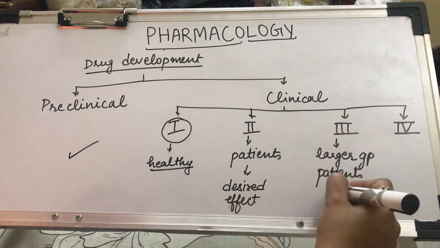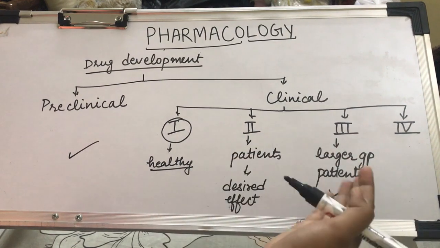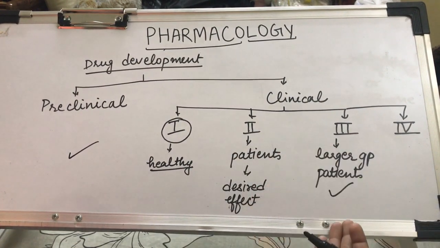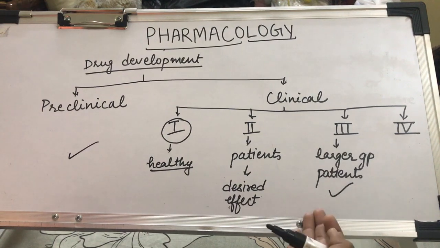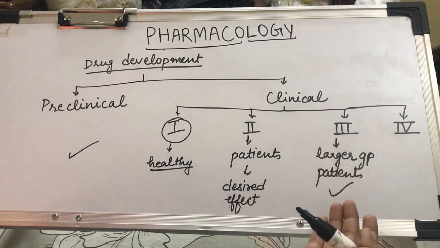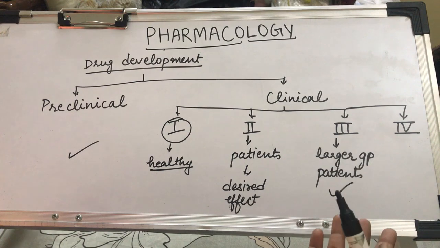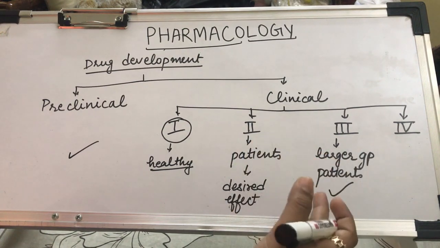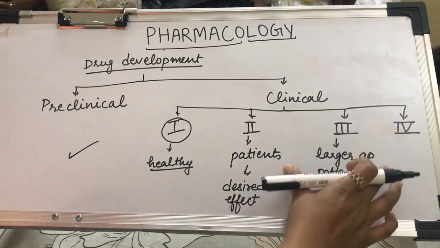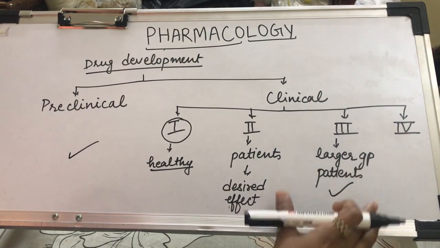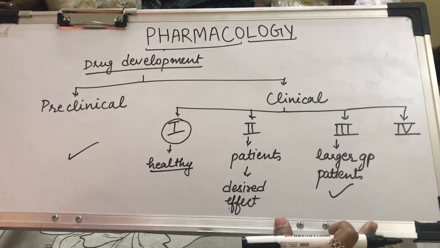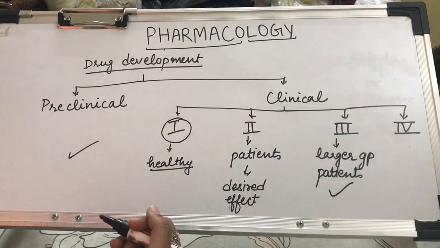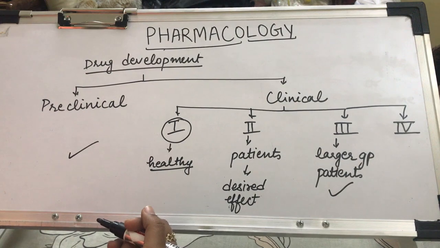And if it passes this phase also, then you apply for approval of a new drug to the FDA in the USA and the Health Protection Branch of Drugs in Canada, UK and Europe. And if your drug is approved by those institutes, then your drug reaches the fourth phase.